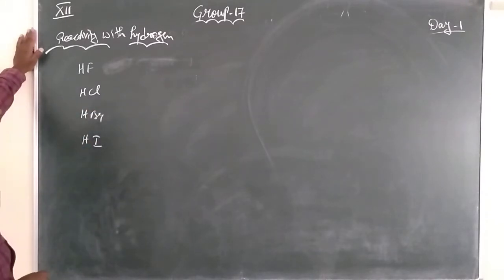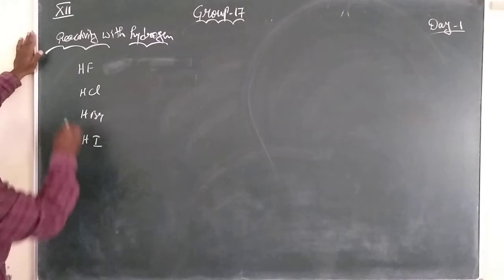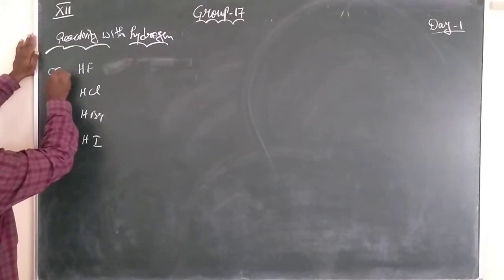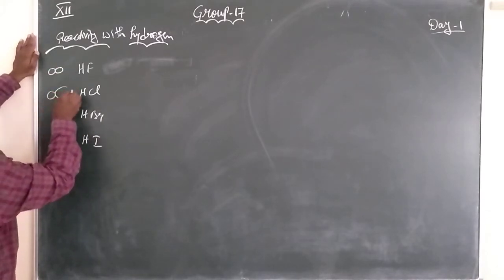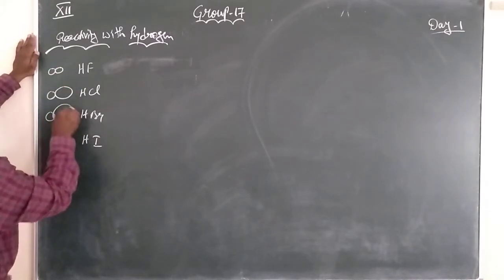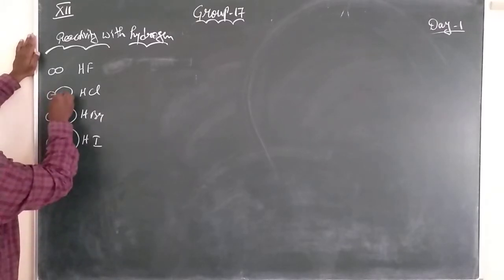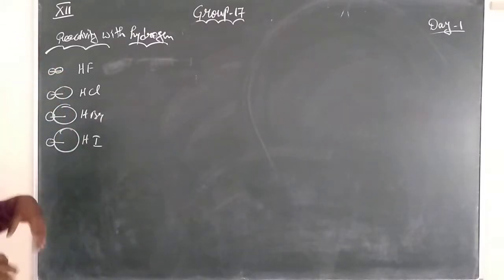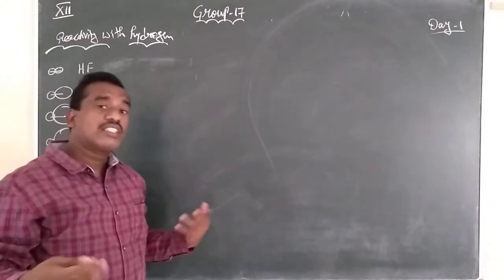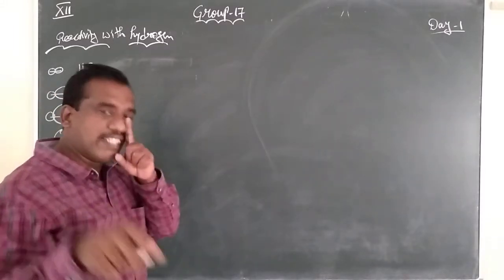Okay, children, here I have written this to show hydrogen and fluorine, hydrogen and chlorine, hydrogen and bromine, hydrogen and iodine. So what we can find is, as the bond length increases, the stability of the hydrogen halide decreases.